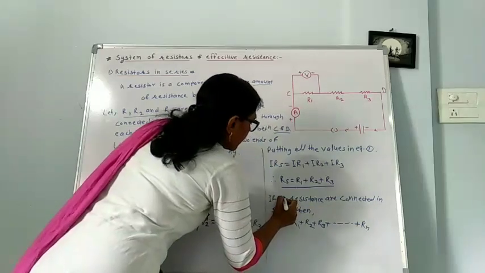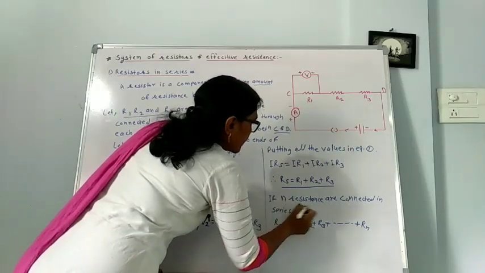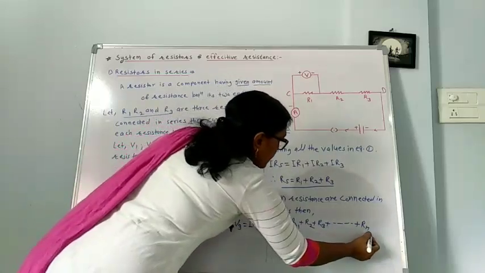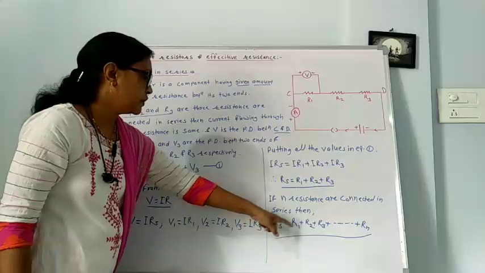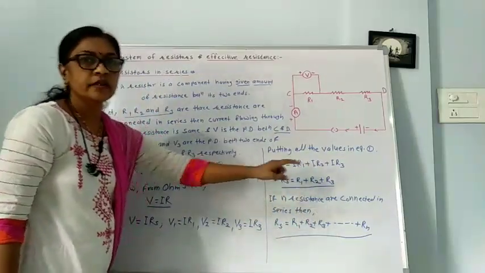If n resistors are connected in series, then the effective resistance of all these resistors is equal to R1 plus R2 plus R3 plus Rn.